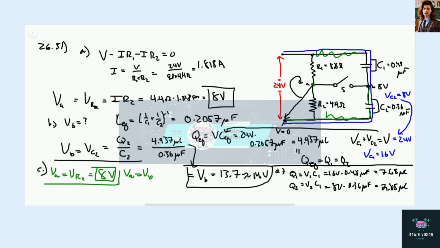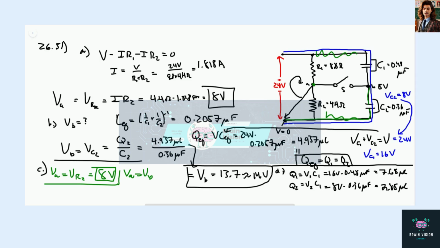Okay, we know the charge on both of these, but when the switch was open, point B had a net charge of 0 because the charge on the negative plate of C1 had the same magnitude as the charge on the positive plate of C2. That's what we found here, right? With the switch open, Q1 equals Q2. With the switch closed, these charges are not equal.